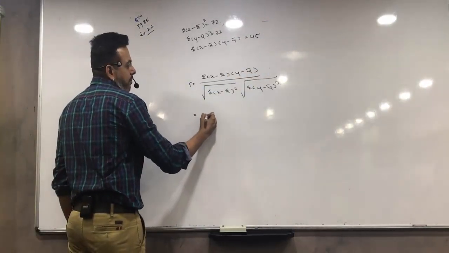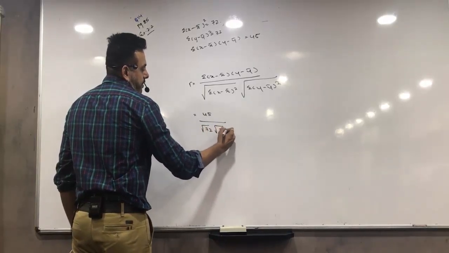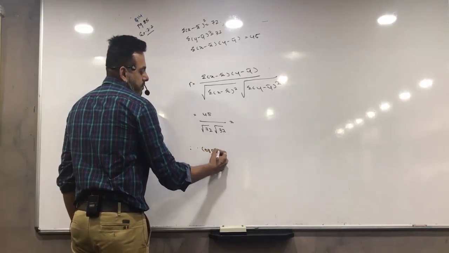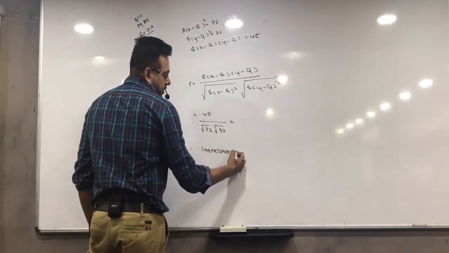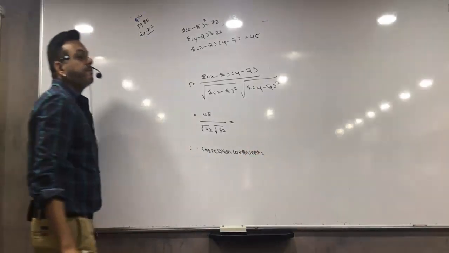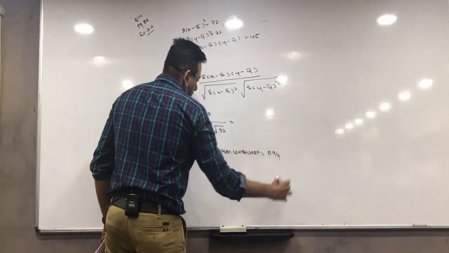It is 45 upon under root of 72 into under root of 32. Therefore, the correlation coefficient is equal to 0.94. Strongly correlated.